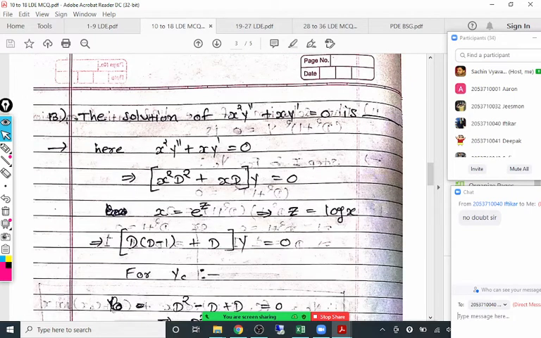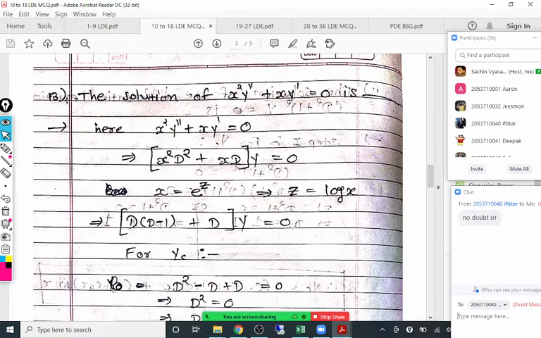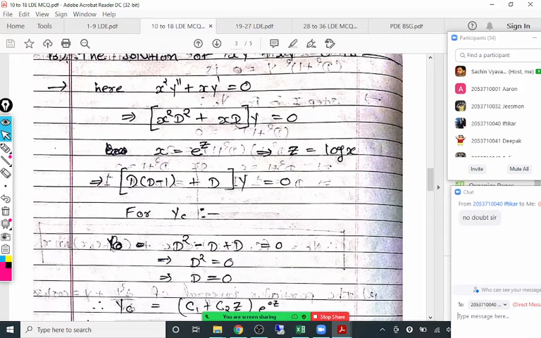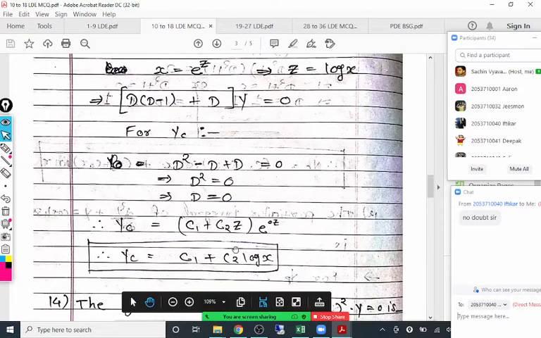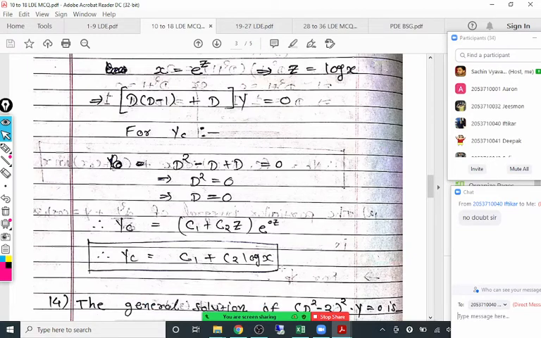13. Solution of, this is the Cauchy's form. I think this type of the question we already completed. And you'll observe minus D plus D square is 0. And here is the correct answer, C1 plus C2 ln x or log x. Sometimes the option may be ln x, because this log x is a natural log.